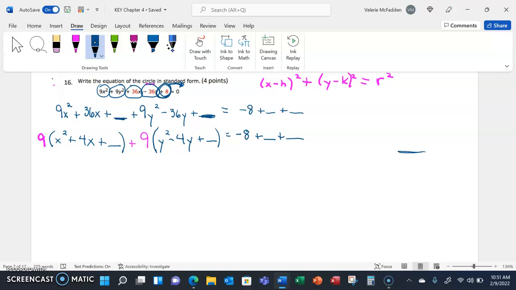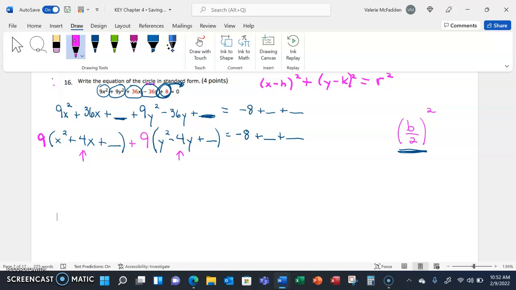So let me tell you how you fill your blanks. We are going to take half of the b term, and square it. So that is how you fill these blanks. Your b term is the number in front of the x or the number in front of the y to the first power.